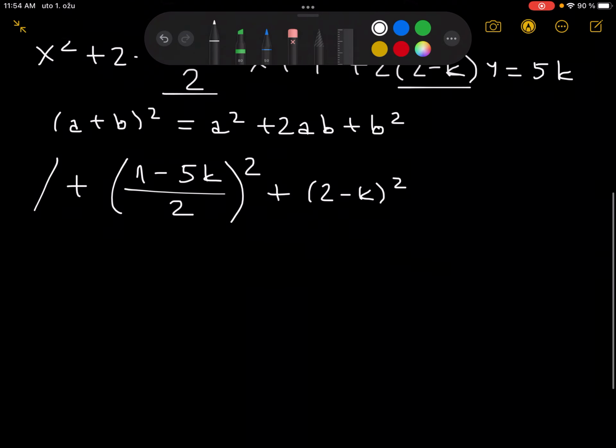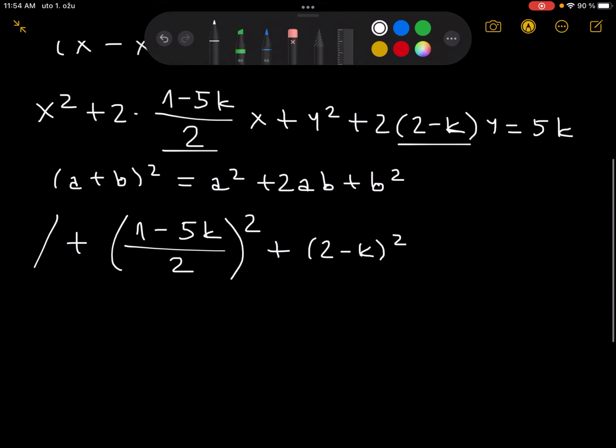So on the left hand side we'll have this form right here, but I'm going to go ahead and convert it to this form right here.